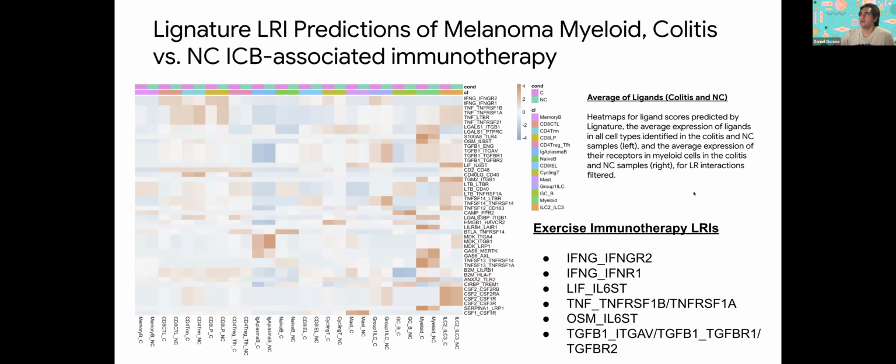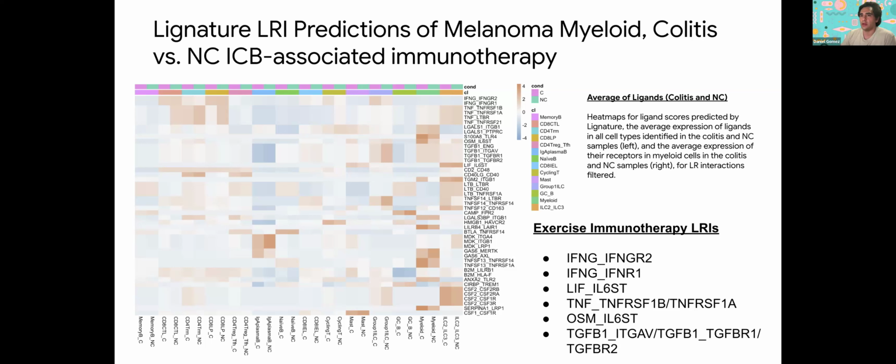So I wanted to show you the average of the ligands, the heat map where we see exercise immunotherapy LRIs. So specific LRIs that are involved in exercise. So these are interferon gamma receptor 2, interferon gamma receptor 1, LIF, IL-6 signal transducer. So this ST and IL-6 is soluble. It's more cytoplasm than the membrane.